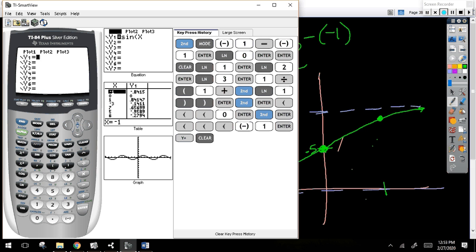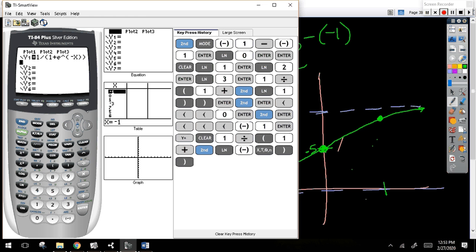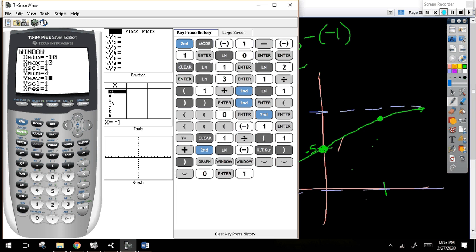1 divided by 1 plus e to the -x. Let me adjust my window. I forget I have to do that. I'm going to set my y between 0 and 1 so the asymptotes are keeping it.